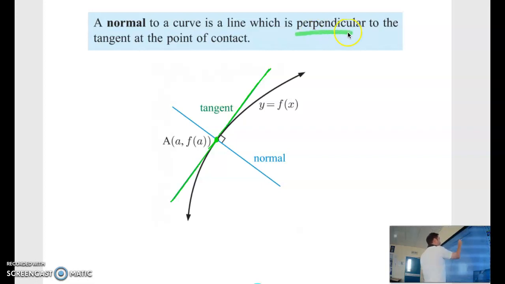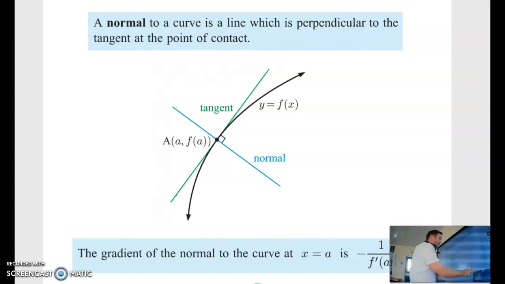That word there is super important, perpendicular. Hopefully you have some idea of how we calculate perpendicular gradients, because that is a big part of normals. So our normal there, perpendicular, means it crosses at right angles with the tangent at the point of contact. So that's what a normal is. It is just right angles to the tangent.